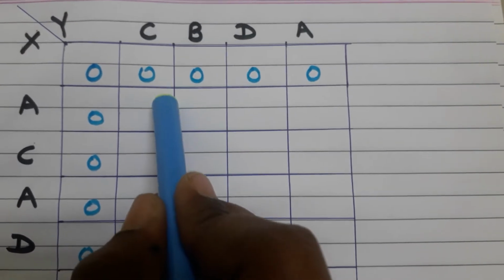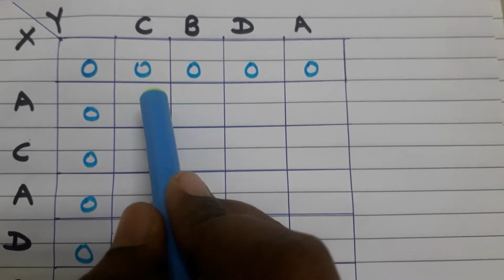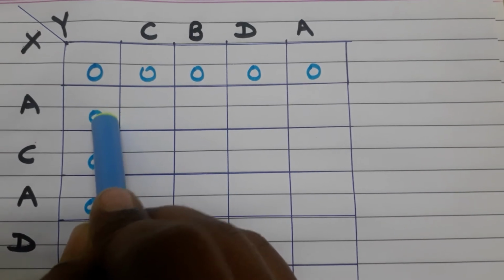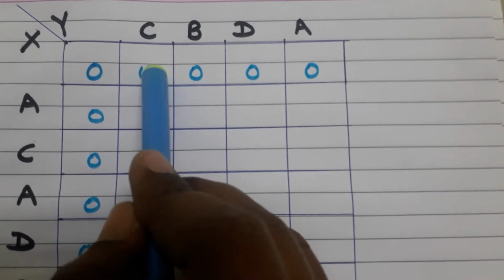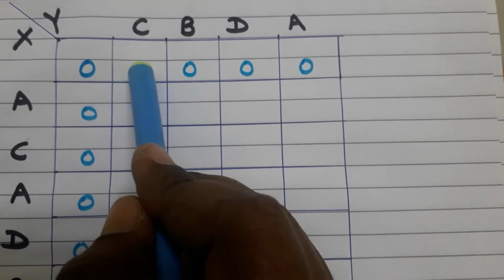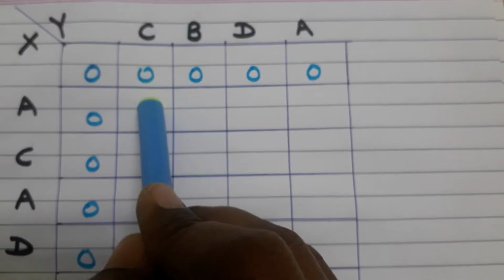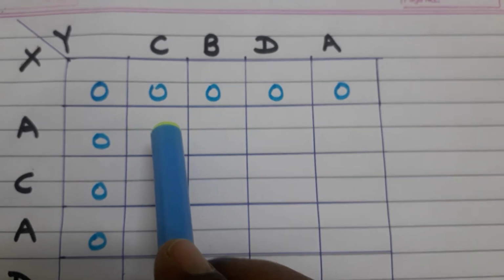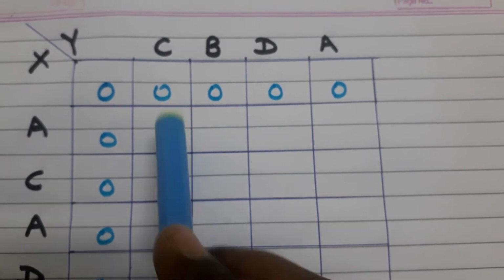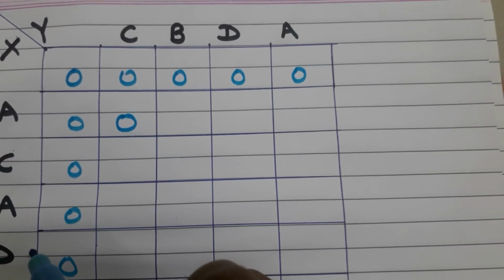When I fill this cell, we have to consider either this 0 or this 0. Both are equal, both are zeros, so we can point to any one of them. Therefore I will write 0 over here.